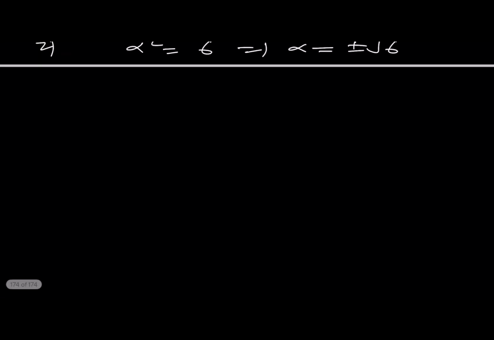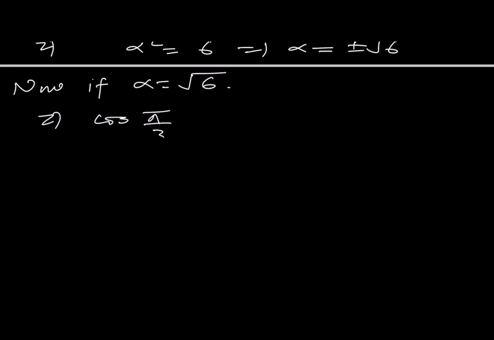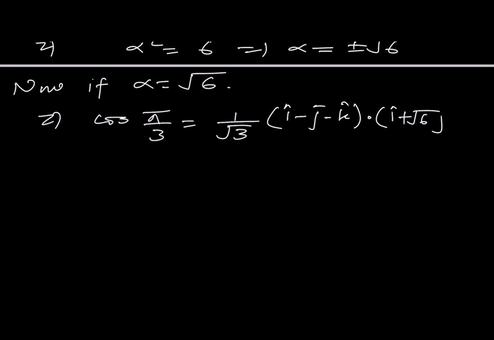So now if alpha is equal to root 6, then cos pi by 3 is equal to 1 by root 3 times i cap minus j cap minus k cap into i cap plus root 6 j cap plus k cap, upon root 1 into root over 2 plus 6, right?